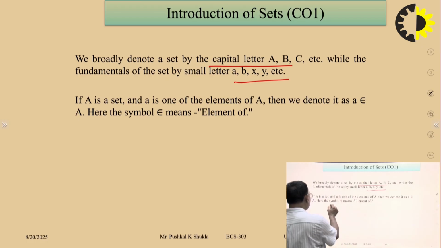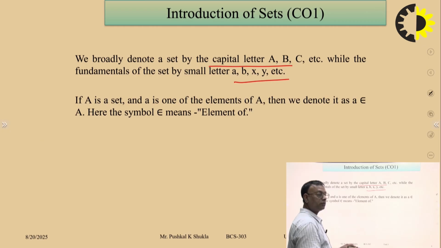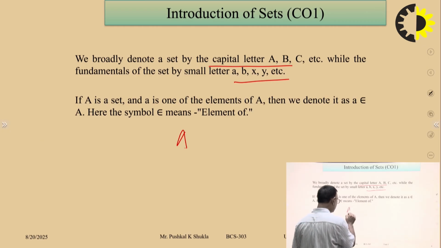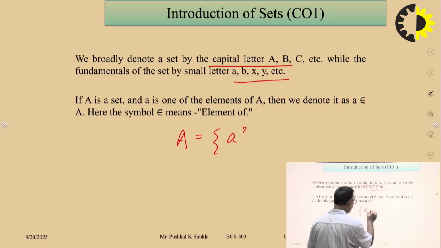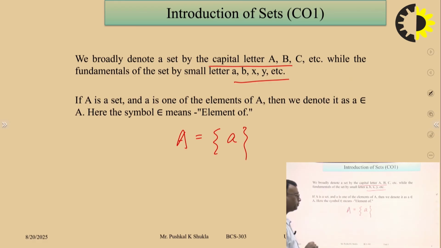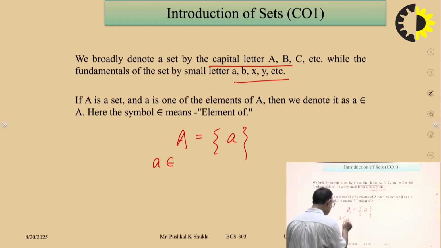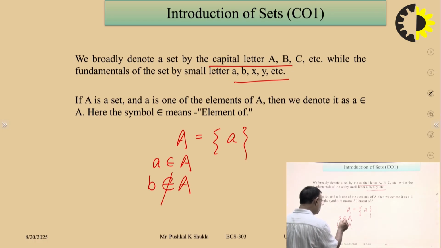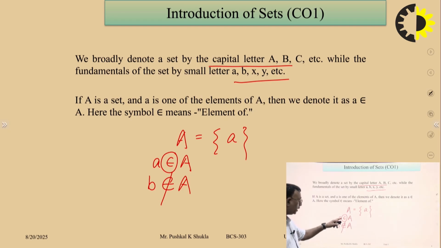Suppose A is a set and small a is an element of this set, then we can say a is an element of set A. And also we can say b is not an element of set A. So this Greek symbol denotes "is an element of".